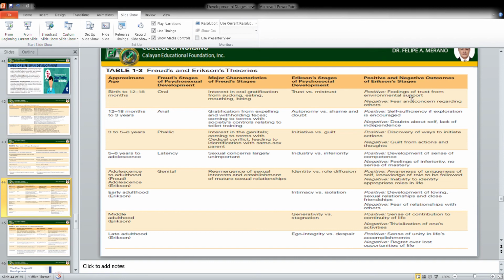And here are the positive and negative outcomes according to Erikson's stages. You must analyze and understand this one because most of them appear in the board exam.